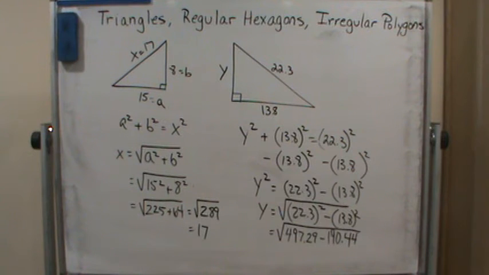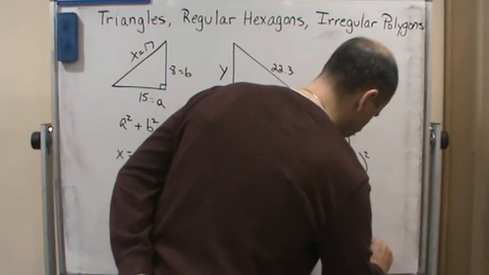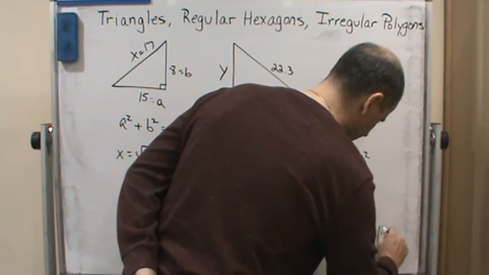And so we get approximately 17.5 rounded.